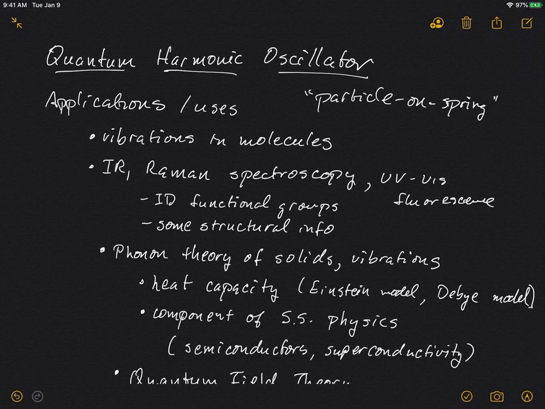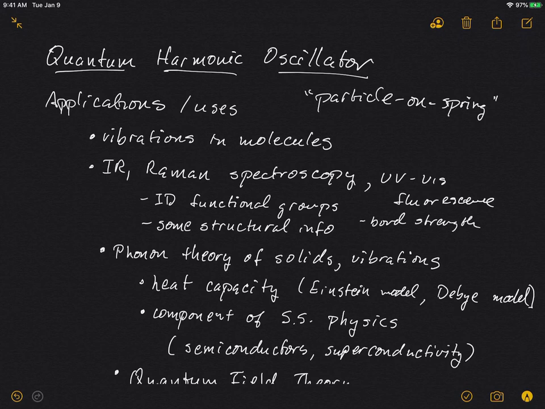And infrared spectroscopy gives you some structural information about the system. It doesn't necessarily give quantitative numbers for bond strengths or things like that, but the positions of the peaks are related to bond strength.